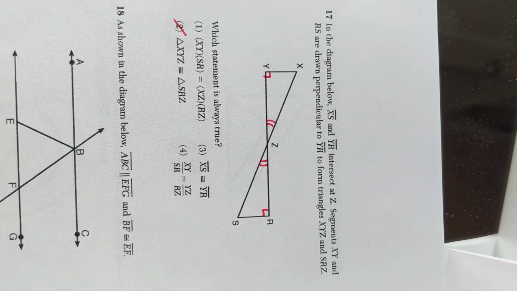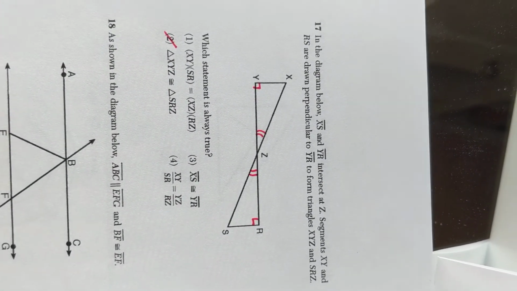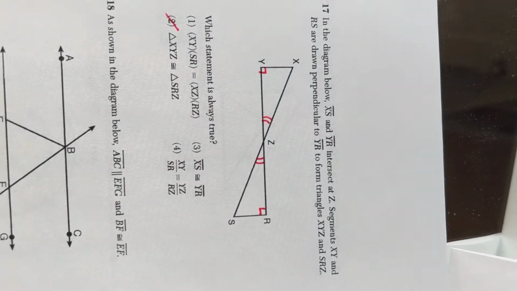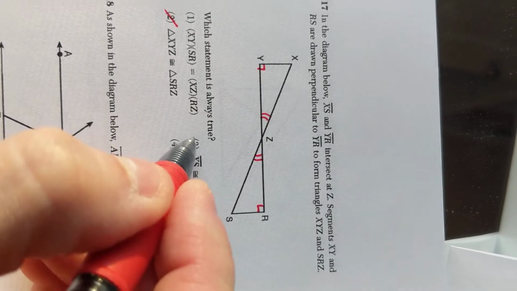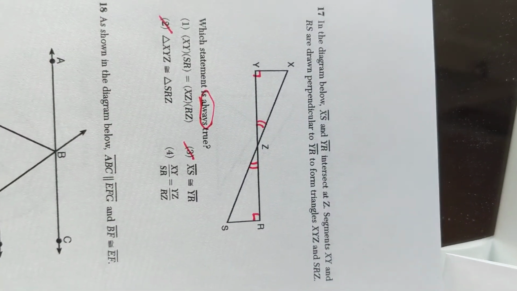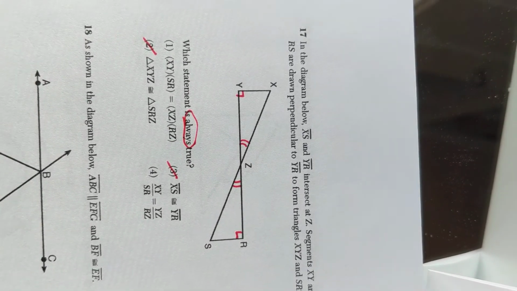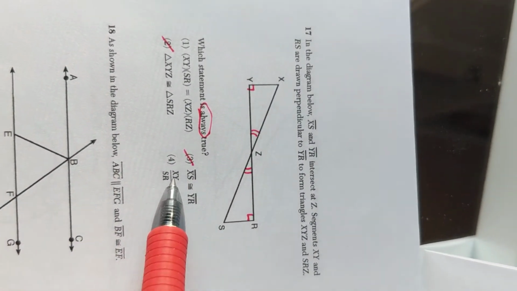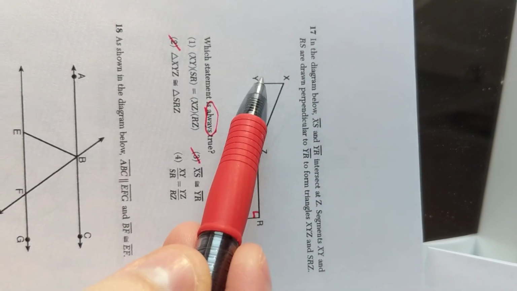Okay, let's look at number 3 as well. Does XS have to be congruent to YR? No, it does not. We're looking for always true. So, let's deal with the fraction first. XY is out here on the left.